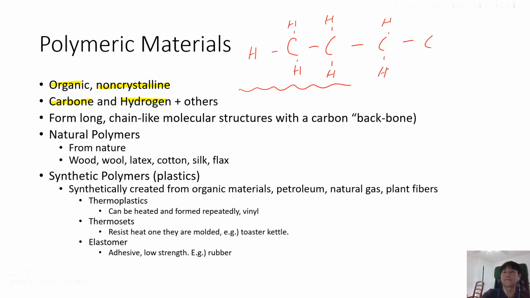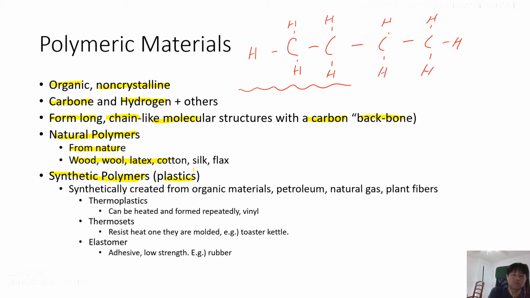Like this kind of chain-like structure. That is what we call plastic, and we say polymeric material. So that's why they form long, chain-like molecule structures with a carbon backbone. And polymeric material has two types: natural polymers from nature, and synthetic polymers, plastic.